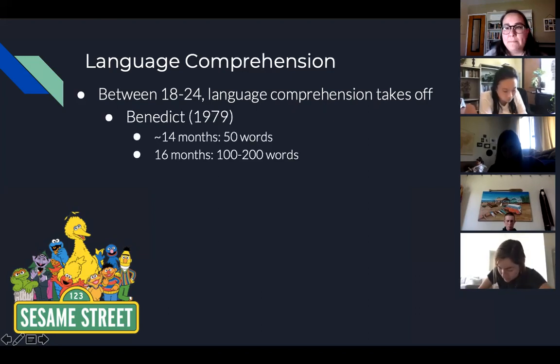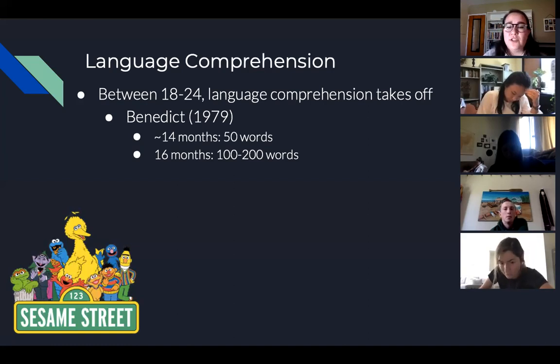And so a study by Benedict in 1979 looked at the vocabulary of young children. Now, this wasn't a huge study. It had a smaller sample size, but generally, of the children who were on the younger end of things in the study, so around 14 months, they were able to understand about 50 words.